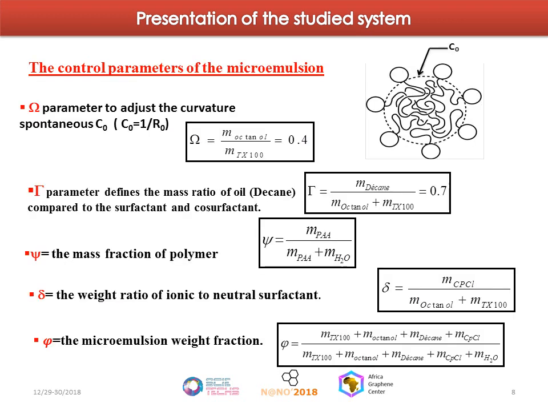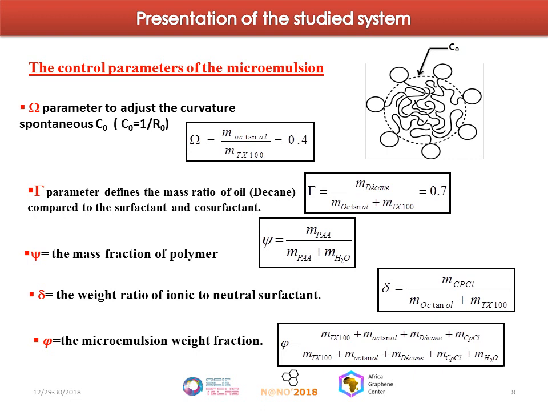And before sample preparation, 5 control parameters of the microemulsion are calculated. The first parameter is omega. It is a parameter to adjust the spontaneous curvature C0. It's equal to 0.4. And the second parameter is gamma. This parameter defines the mass ratio of oil compared to the surfactant and the co-surfactant.